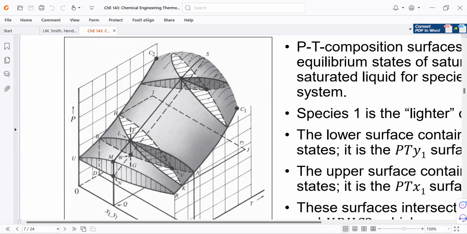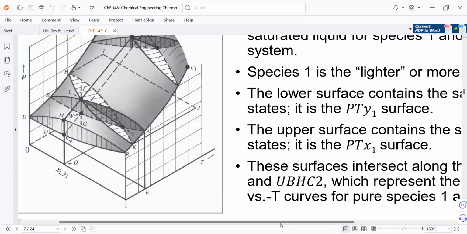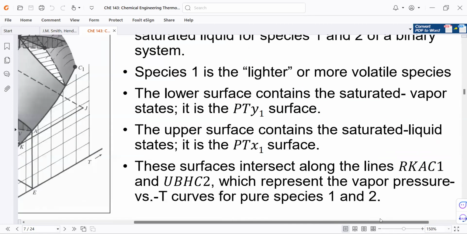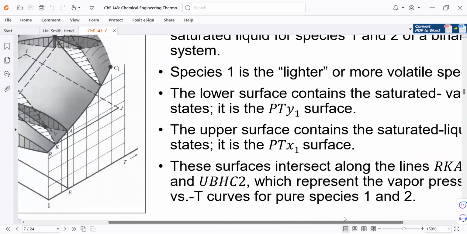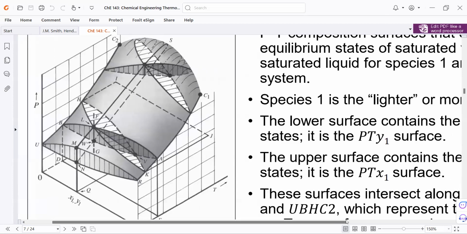These surfaces intersect along the lines RKAC1 and UBHC2. So where are those lines? Here. The upper surface would intersect with the lower surface along this line RKAC1 and along this line UBHC2.